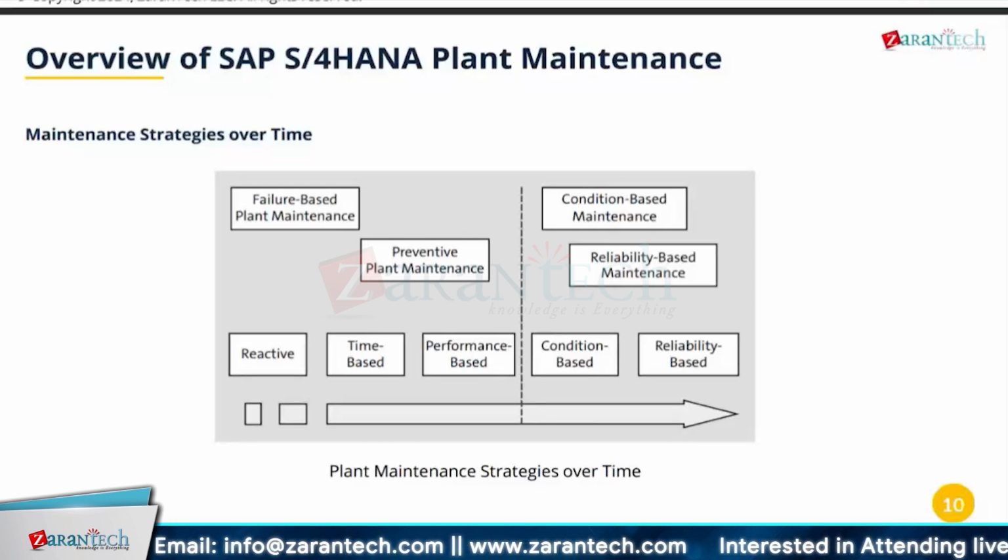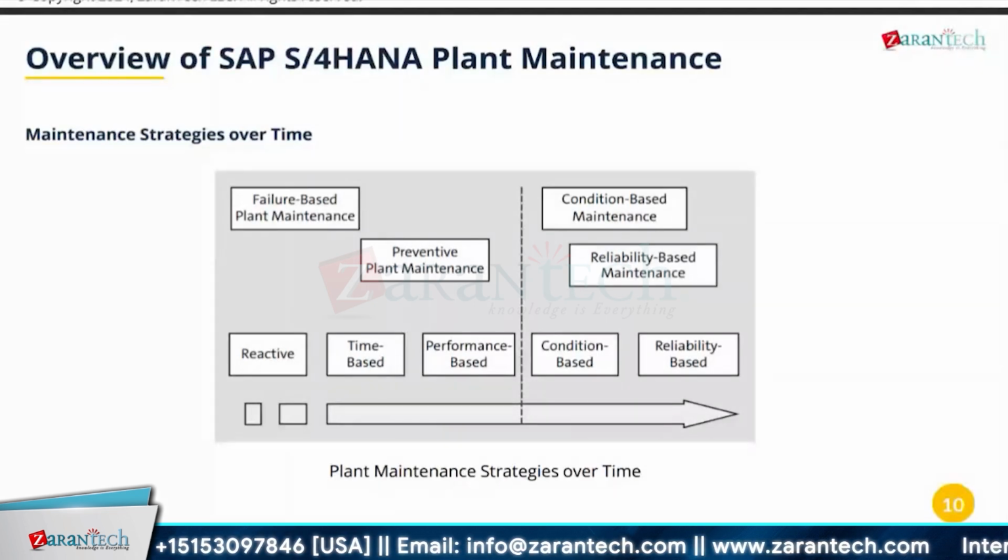Preventive plant maintenance is where we create a maintenance plan, say once every month, or once every 3 months. We clean the machine, or we fill the oil, using the example of a pump. Or suppose there is some oil leakage, so we may have to fix the bearing, or we may have to replace it.